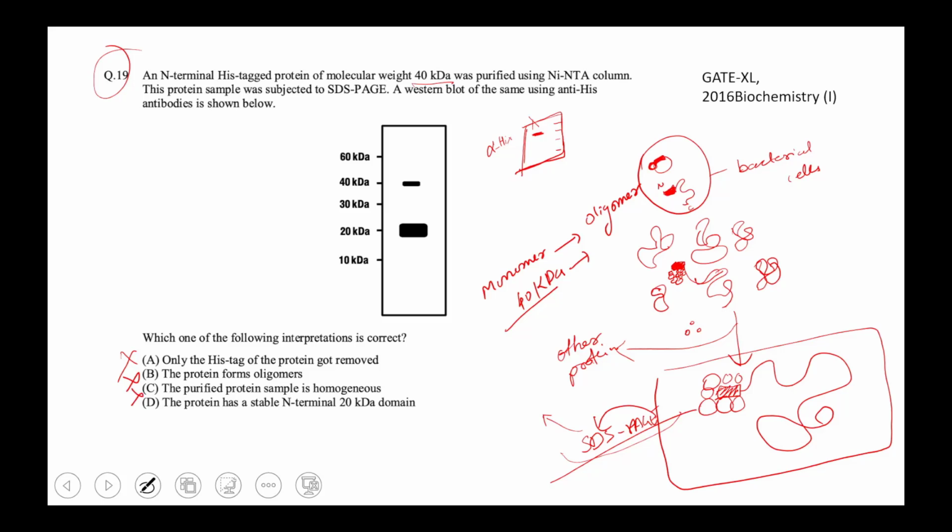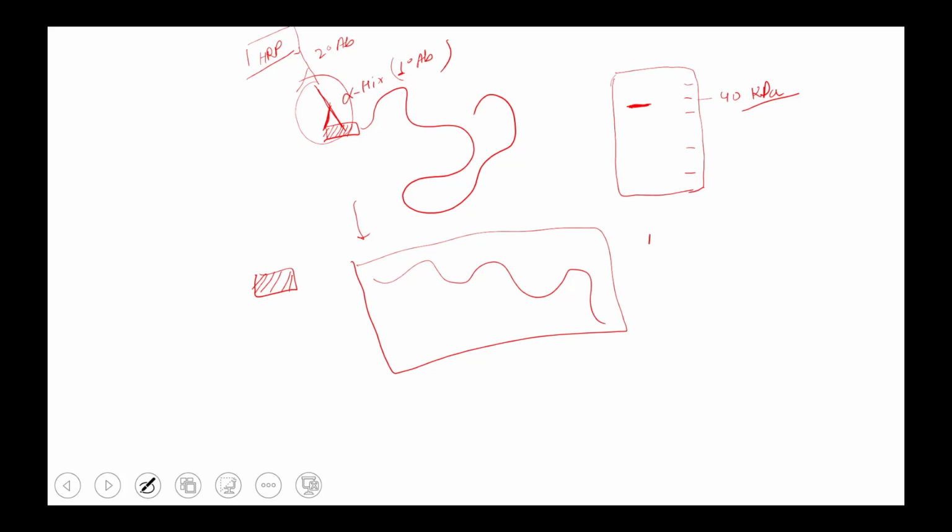The fourth option says that the protein has a stable N-terminal 20 kilodalton domain. Like if this is my histidine tag and this is my 40 kilodalton protein, this is the N terminal and this is the C terminal.